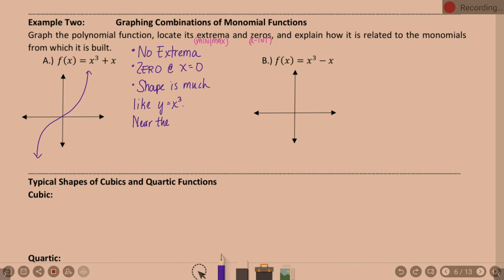Near the origin, you can say the shape or slope is like or similar to y equals x.